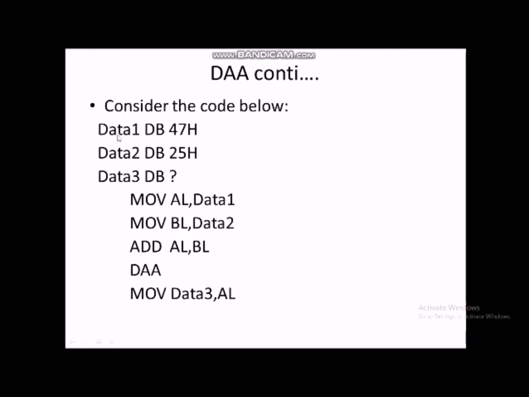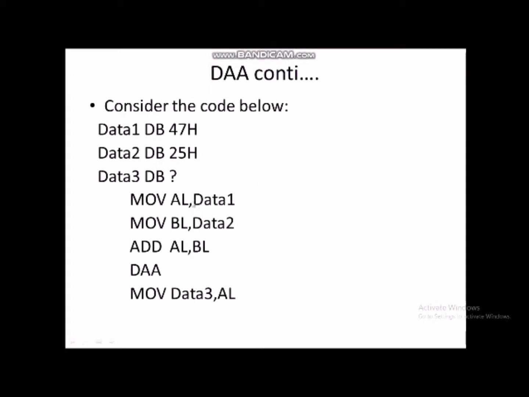Now, let's assume in the data segment we have data 1 defined as data byte 47H, data 2 as 25H, and we are going to keep the sum of it in data 3.